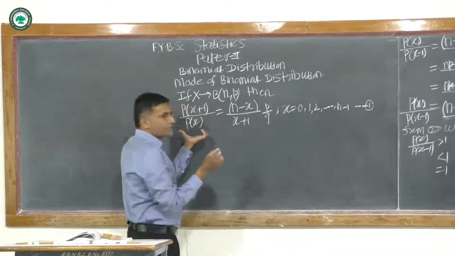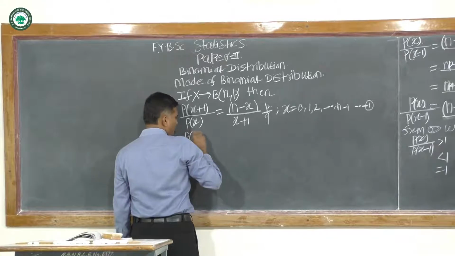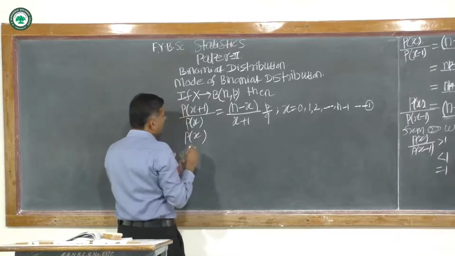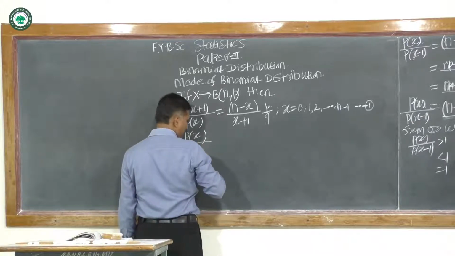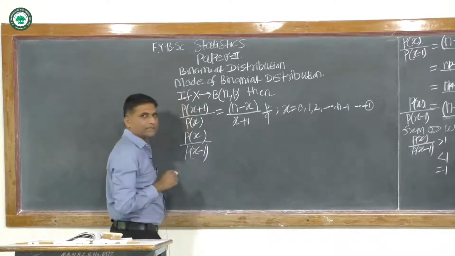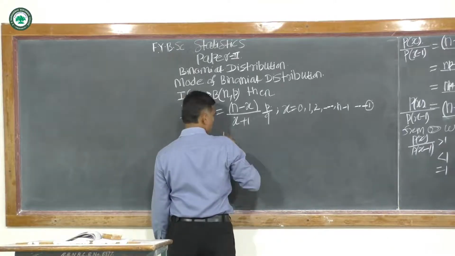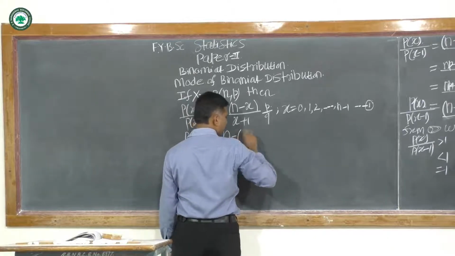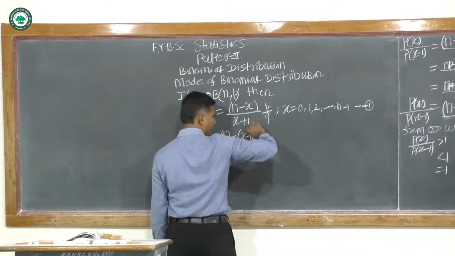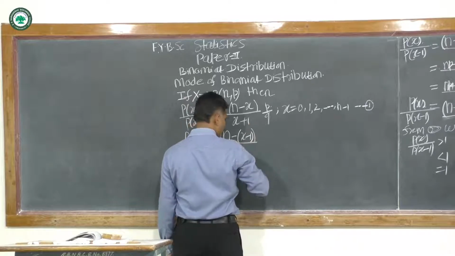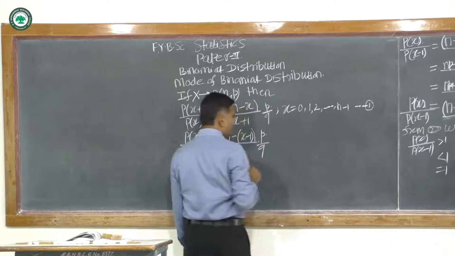Then using this equation we can write P of x upon P of x minus 1 is equal to n minus (x minus 1) upon x into p by q.